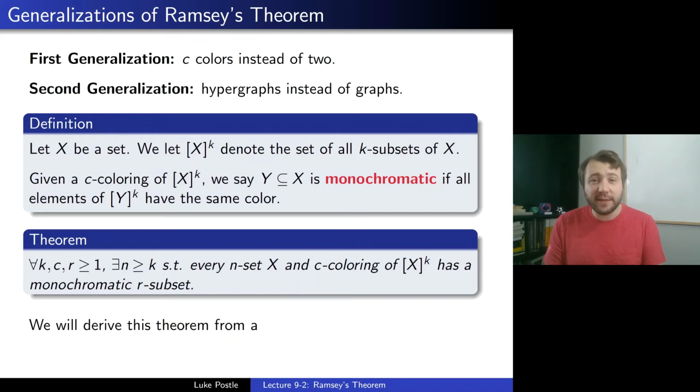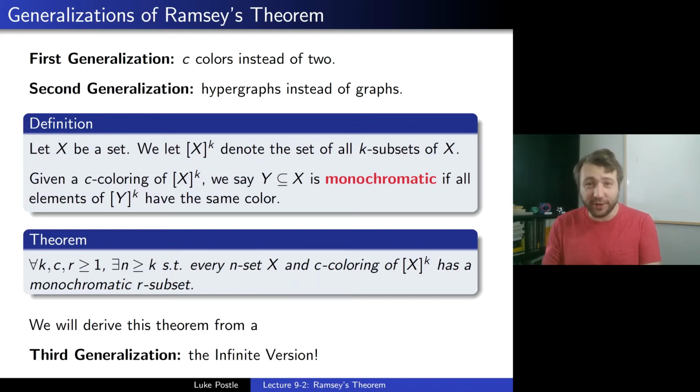We'll derive this theorem from the infinite version. So we're going to prove that this holds for infinite sets, for infinite graphs, and then derive the finite version from the infinite. And that's very nice, since we don't have to worry about any bounds, or about which N is going to make it work. So you'll see how this will work. But let's talk about the infinite version first.